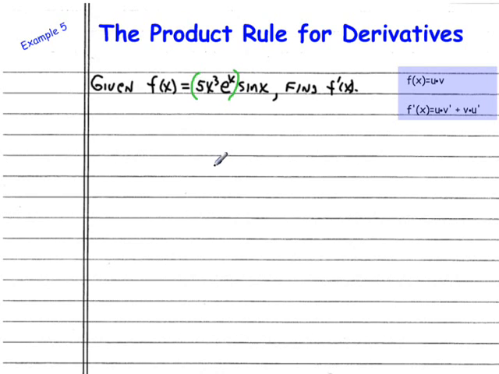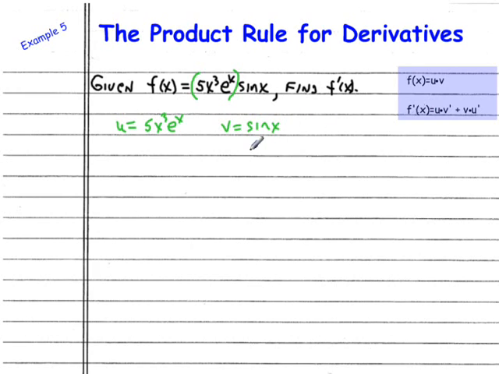Now, granted, we're going to have a little bit of trouble in a moment, but let's think of that as one function. We'll say u is 5x cubed e to the x. And then, of course, v would be our sine of x in this case.